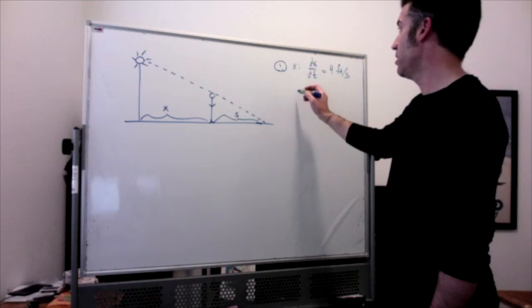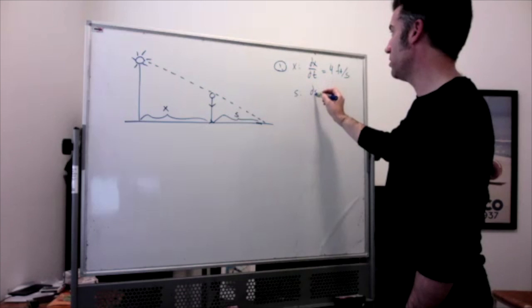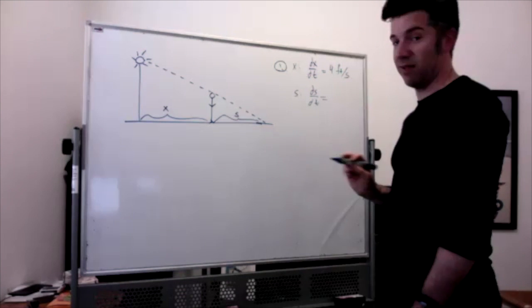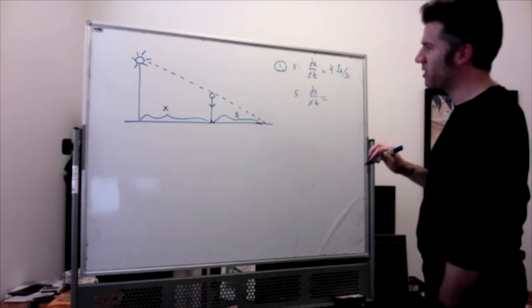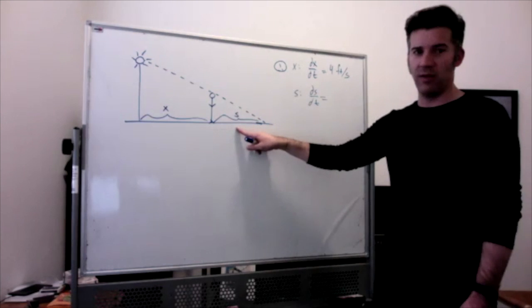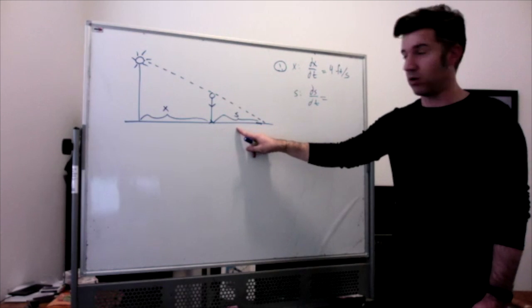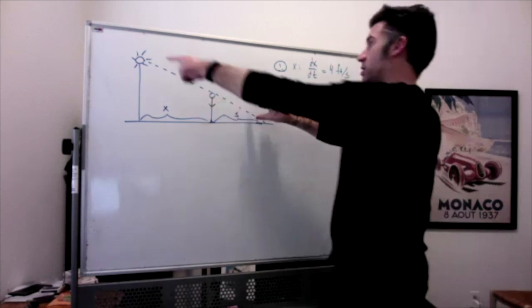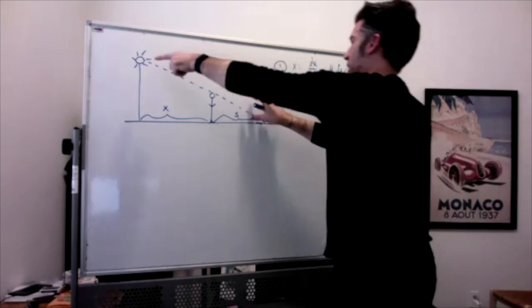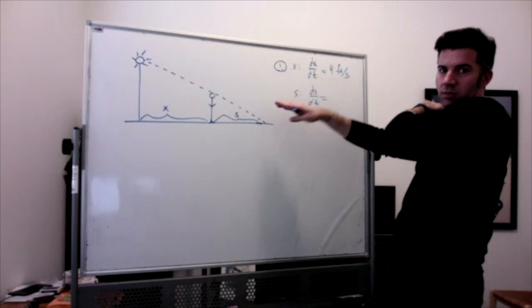And then I want to know how fast the length of the shadow is changing. It definitely seems like, if we walk further away from the lamp, the shadow should be longer, right? If we're standing over here, the lamp's going to cast a longer shadow because there's a smaller angle.